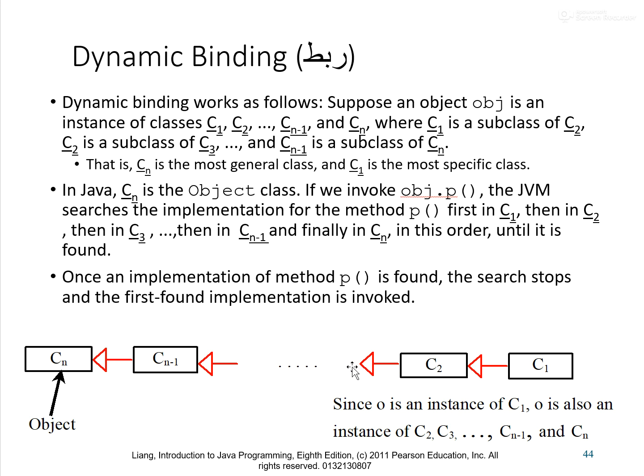If it finds one, fine. If it doesn't, it moves on, and it'll keep searching all the way up to the Object class, Cn in this case. If there are multiple implementations of method p, it will run the first one that it finds, starting its search from the most specialized class.